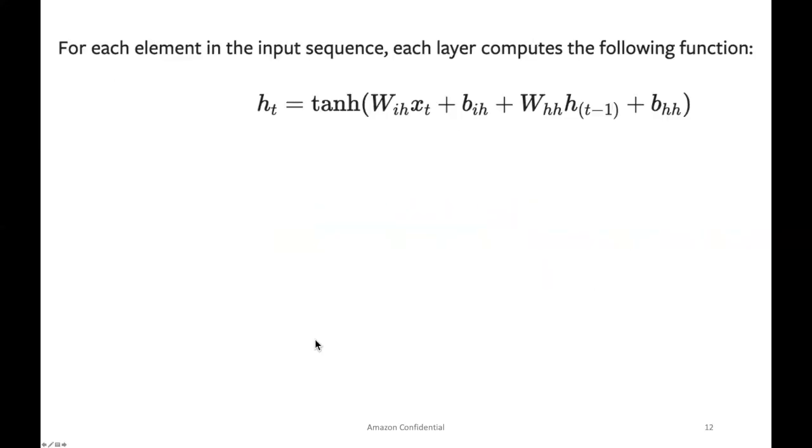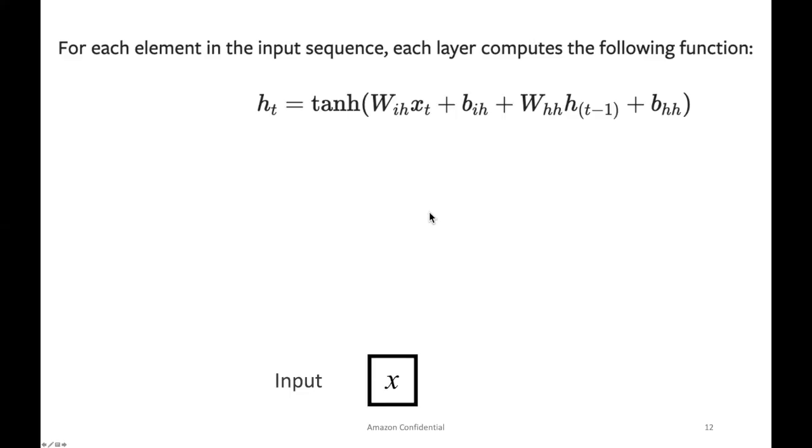So let's take a look at how the forward propagation of RNN looks like. So don't worry about this equation. We will cover how this comes into being. Just notice that there are three weight matrices here, and then these biases.